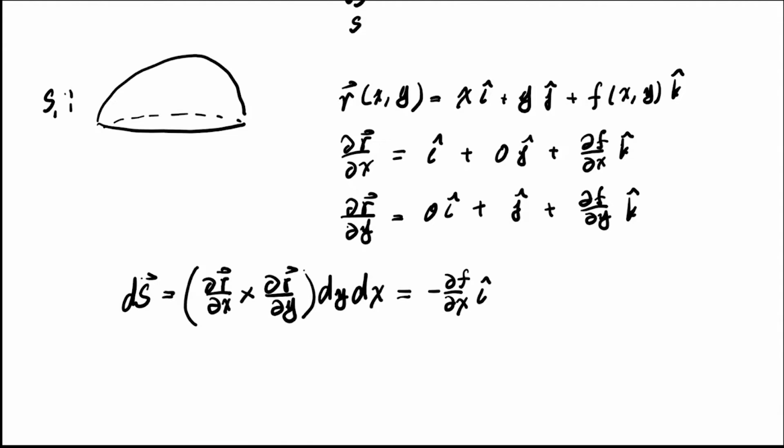You with me? For j, which is already negative, it's this minus this, so you have partial f partial y.